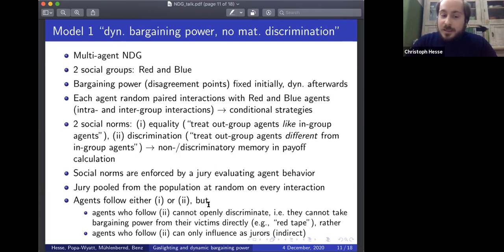And it can decide to take away power from one agent and give it to the other agent, let's say. So even if you had racists in this simulation, that followed this norm of discrimination, they can only influence by being jurors. So they can only have an indirect influence because they're only going to be one of many jurors in the jury. So they only have a very small influence, if any.